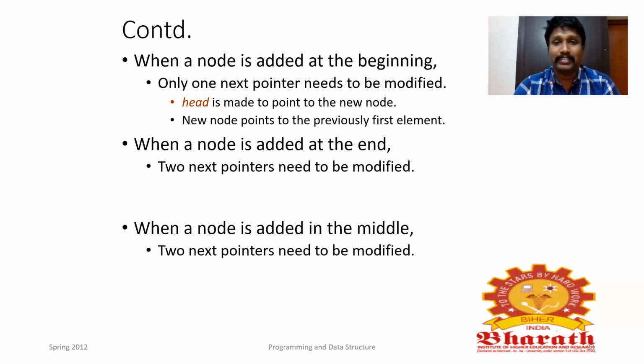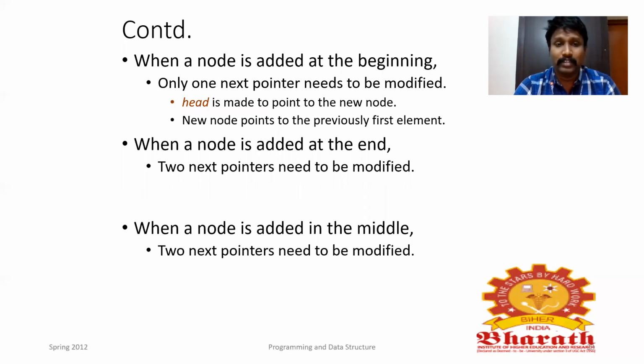Again, when a node is added at the beginning, only one address has to be changed. Head is made to point to the new node, and the new node points to the previously first element. This is how you add a new node at the beginning of the list.